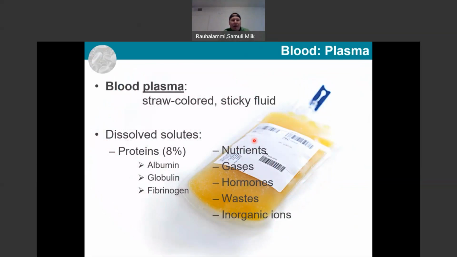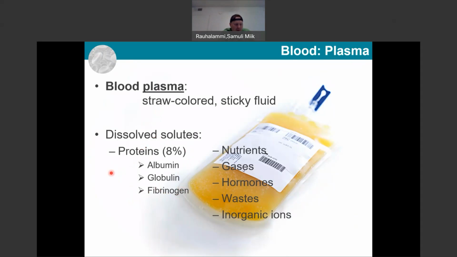Let's start with the plasma. Plasma is a yellowish or straw-colored liquid, about 90% water. Then we have a bunch of dissolved materials.